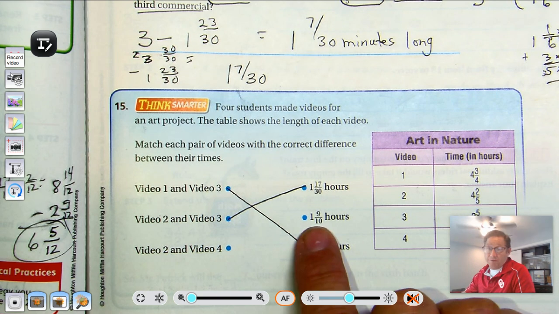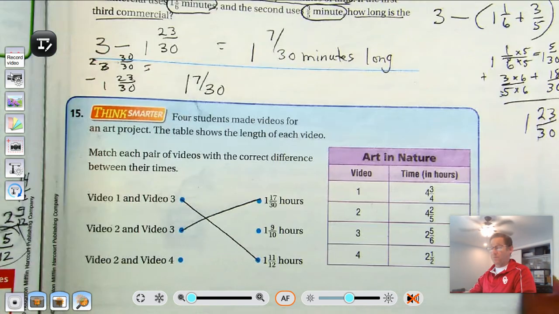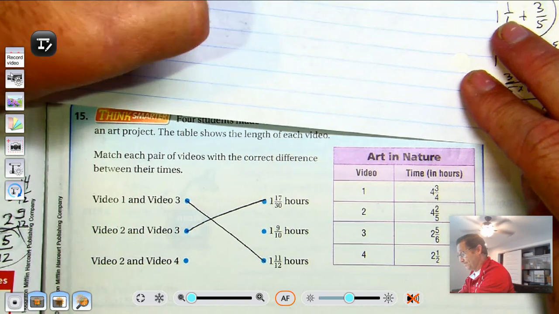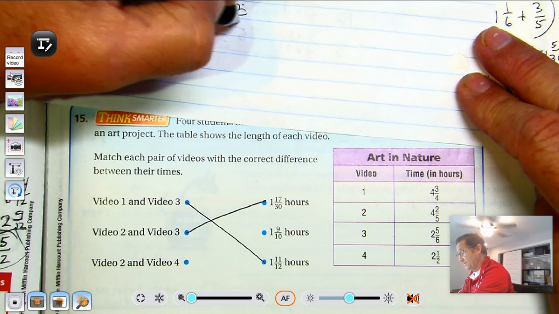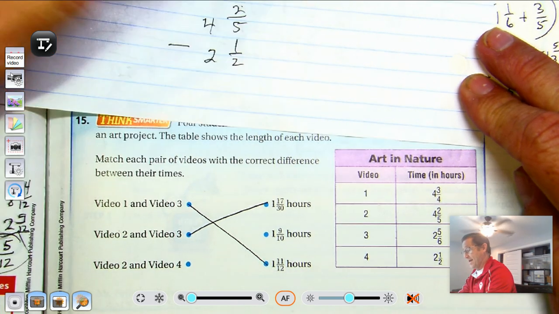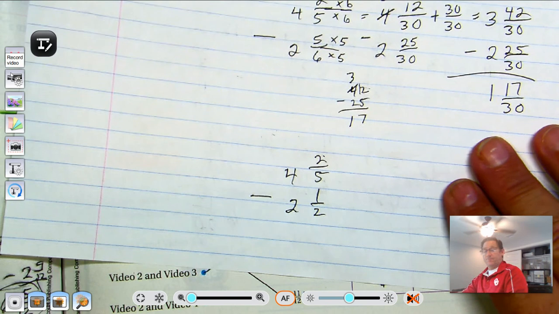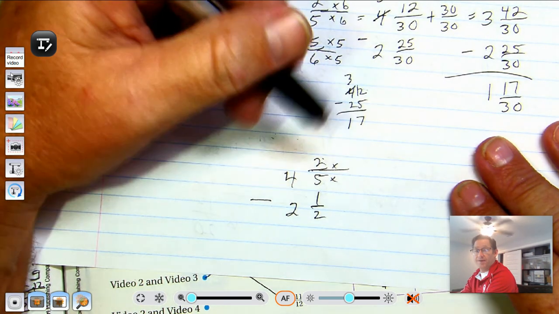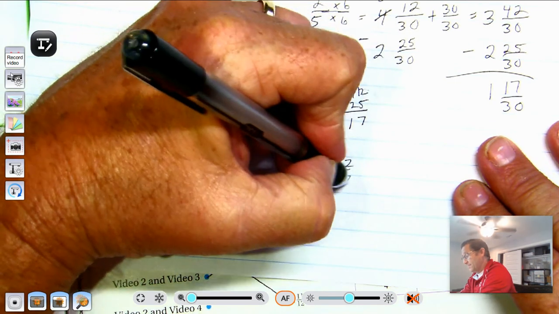I am going to assume that it's 1 and 9/10, but I want to make sure by solving it. So video 2, again, is 4 and 2/5 minus video 4, 2 and a half. All right, I'm just going to multiply the denominators by their opposite denominator.